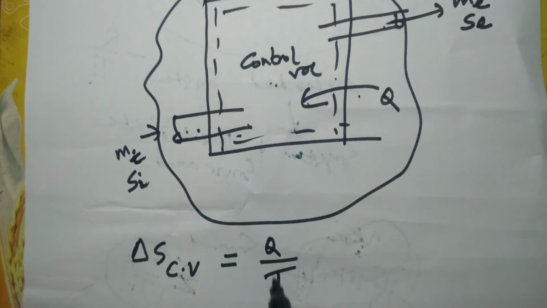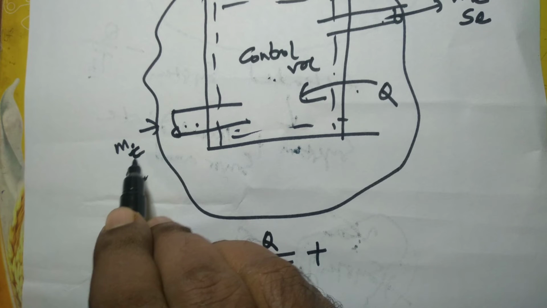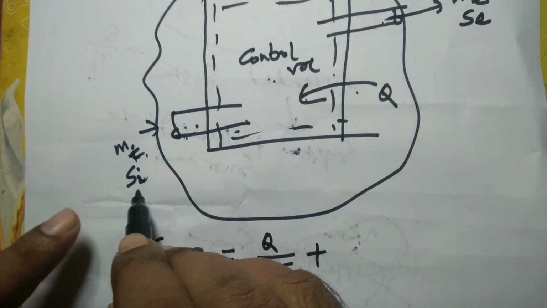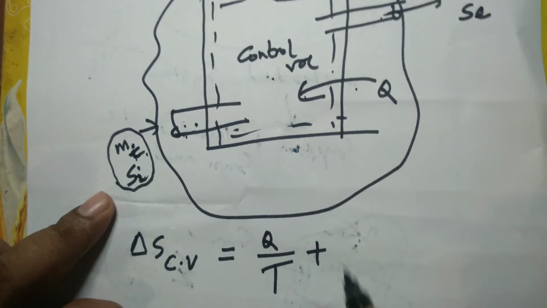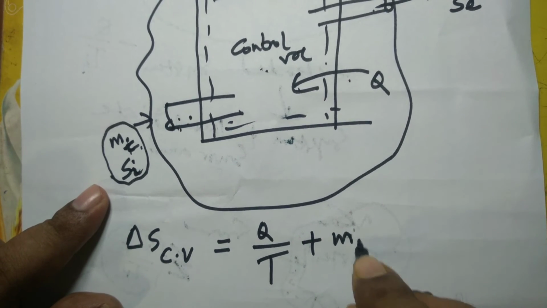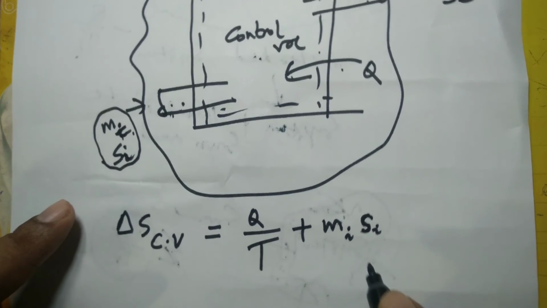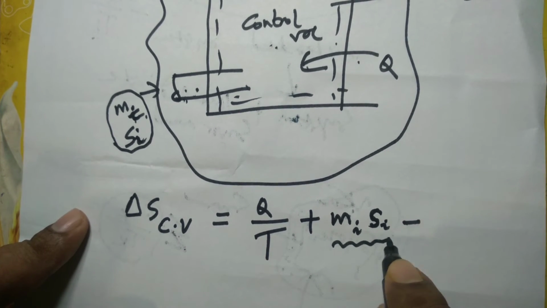So that will be Q by T plus, with the mass also some entropy is coming in. Mi mass enters with specific entropy Si, then the total entropy that enters into the control volume will be the product of Mi into Si. This small si is the specific entropy, with unit kilojoule per kg Kelvin. This is the total entropy that enters into the control volume.